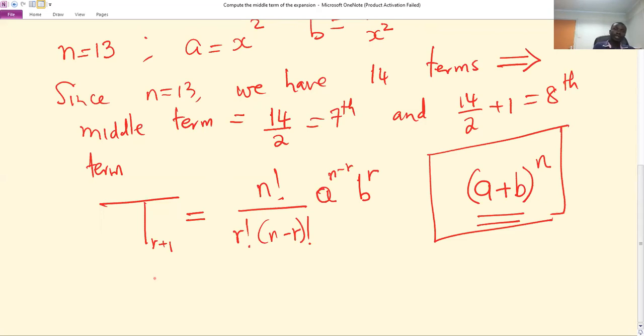So T7 implies r equals 6, and T8 implies r equals 7.